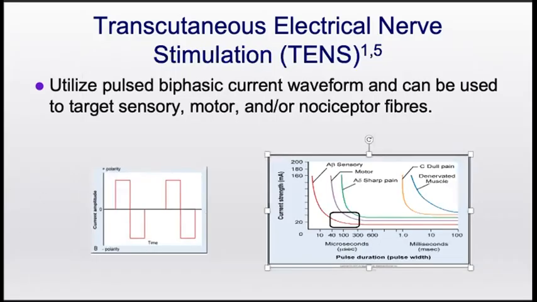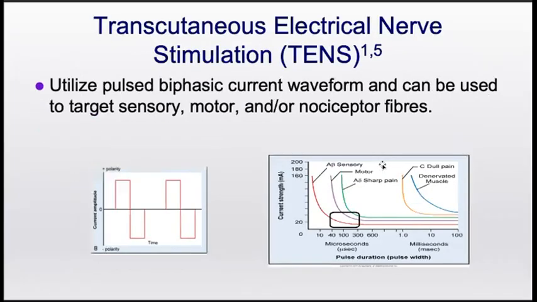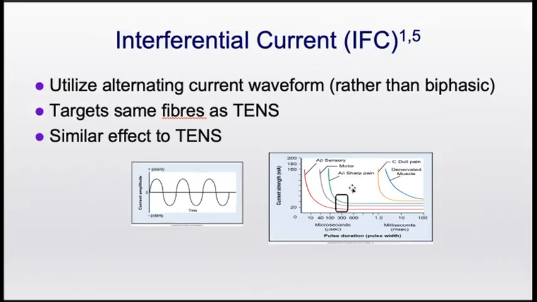The same is true for interferential current. Okay, but what we see is it uses a different pulse width. Okay, so it's shifted slightly to the right. If we go back a slide to TENS and then forward one slide to IFC, we see that we're using different microseconds for the pulse duration. And so that means we are probably going to be using different amounts of current, right?